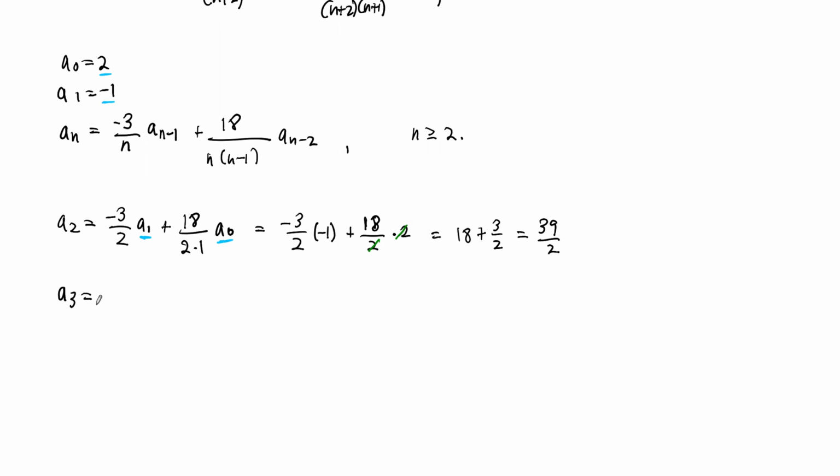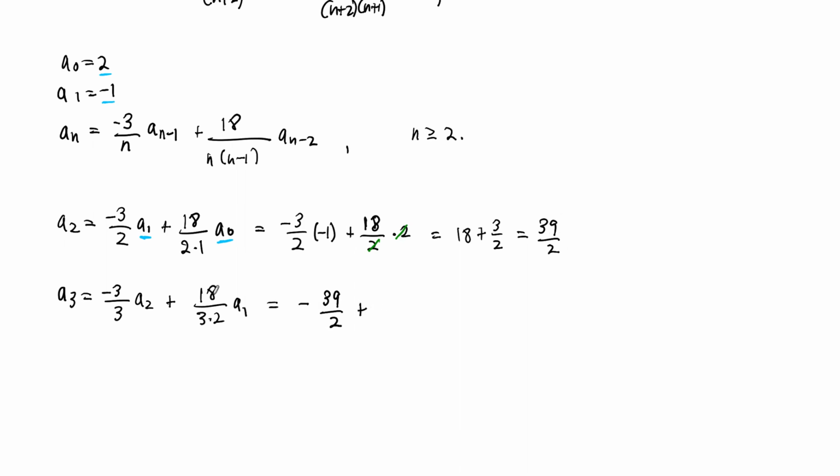So a3 is going to be equal to negative 3 over 3, a sub 2, plus 18 over 3 times 2 times a sub 1. You always have to go back to the recurrence relation and plug in the appropriate n's where they go. So this one's just going to be minus a sub 2, so that's minus 39 over 2. That's the previous one.